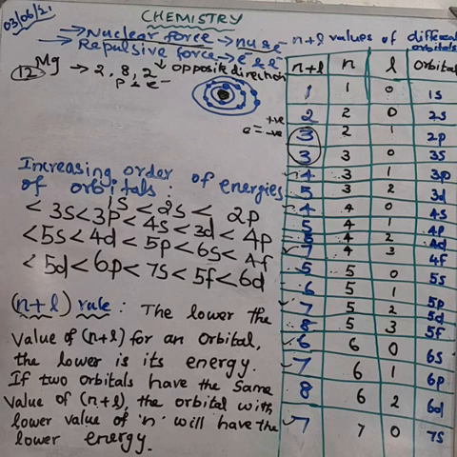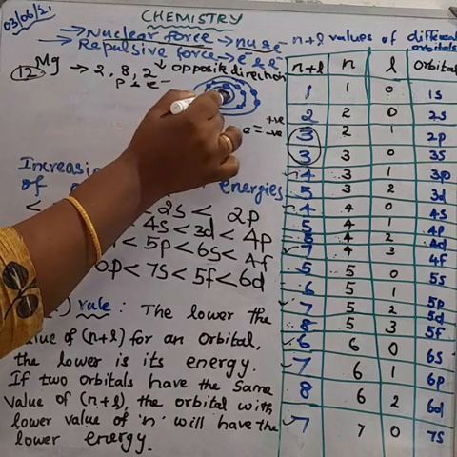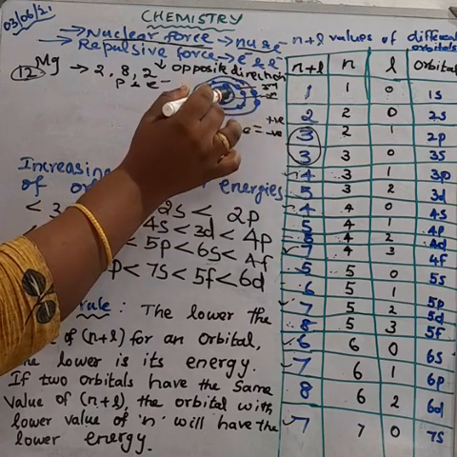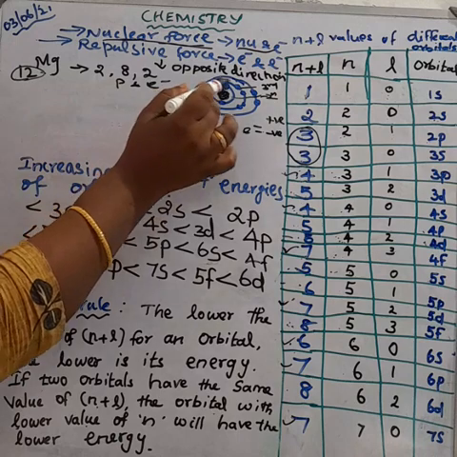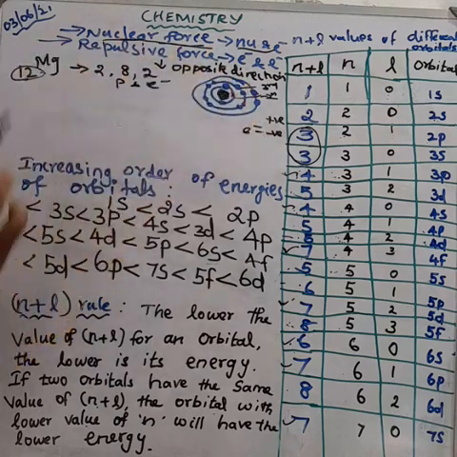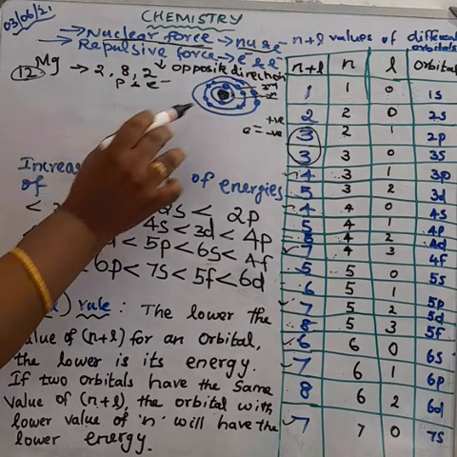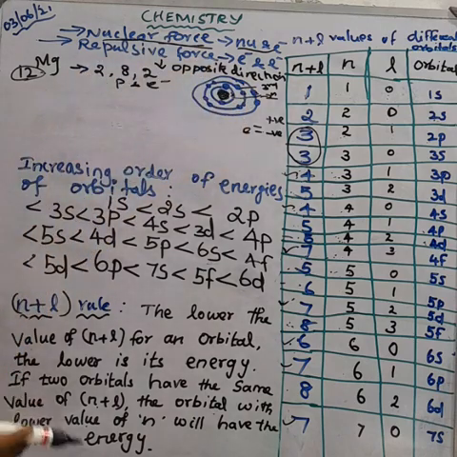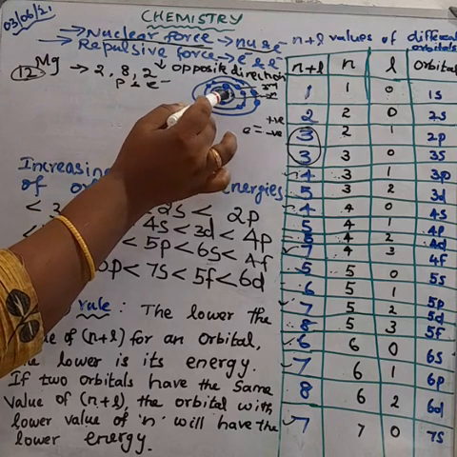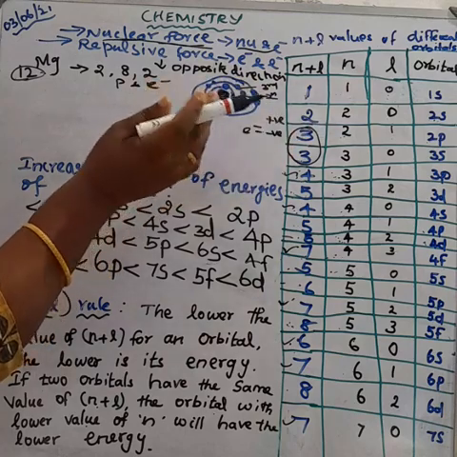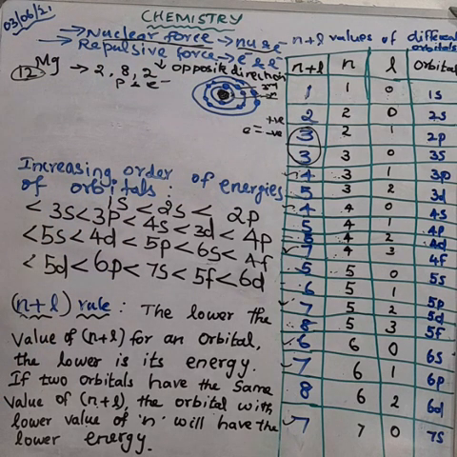Due to this high nuclear force, the second and third shells are also attracted by the nuclear force, but at the same time there is a repulsive force between the first, second and third shell electrons.